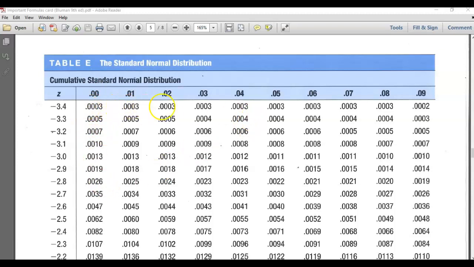It's even smaller than what it would be for negative 3.4, which is 0.0003. So from the table, all we know for sure, and it's really all we need to know, is that the p-value is a very small number, smaller than 0.0003.